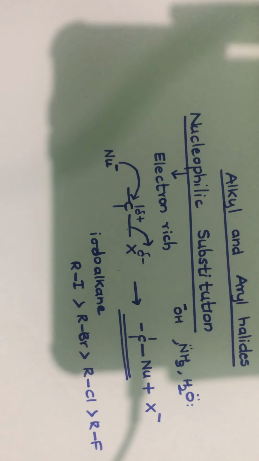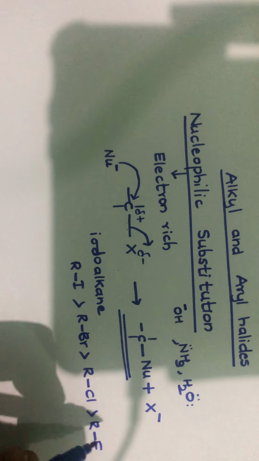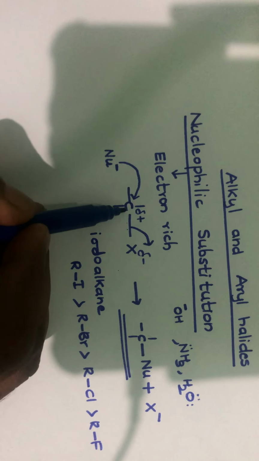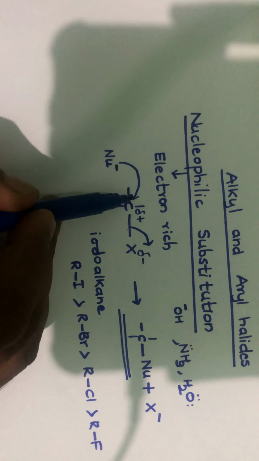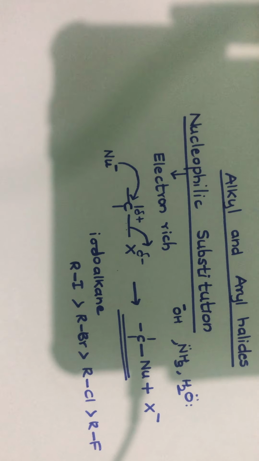Bond dissociation energy is nothing but the energy required to break the bond. As the energy required to break the bond increases, the reactivity decreases, because we require more energy to break the bond. That means the bond does not cleave easily. If the bond cleaves easily, then only a nucleophile can attack easily. That's why iodoalkanes are generally more reactive. So this is the basics regarding nucleophilic substitution reactions. We come across several nucleophiles.